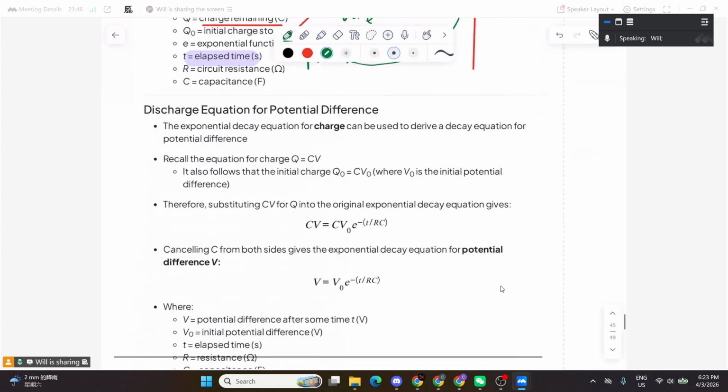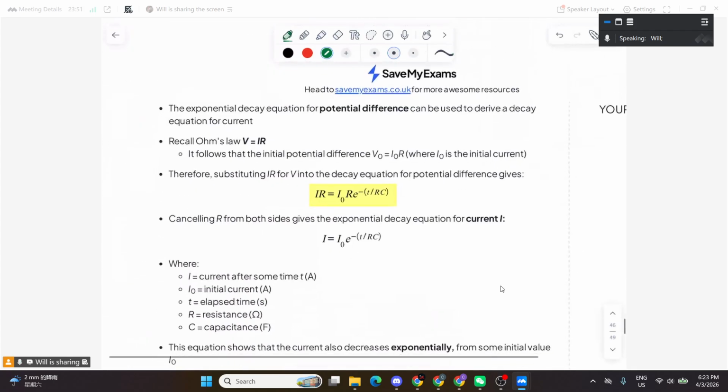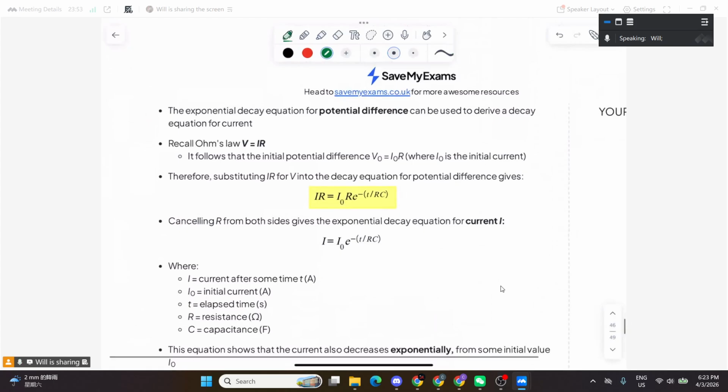The other formula is about the potential difference or current, and we can call it Ohm's law. Ohm's law tells us the potential equals the product of the resistance and the current.